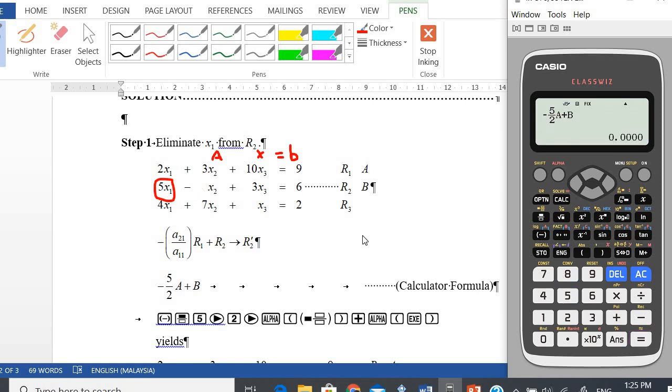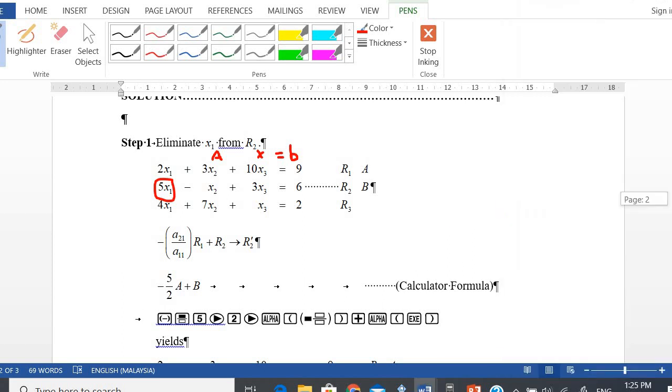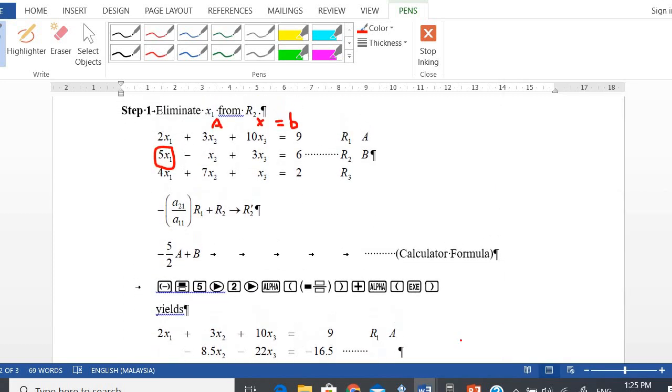Once you get this, the value is 0. And then for the second column, A is 3, B is negative 1. Negative 8.5 here.